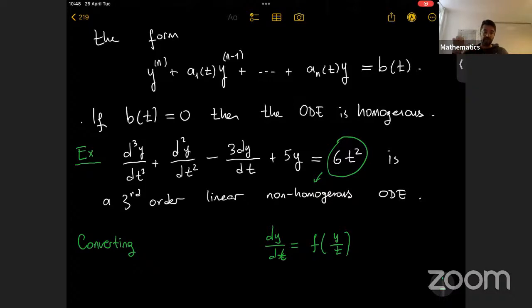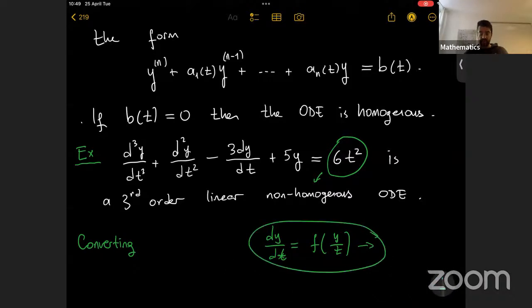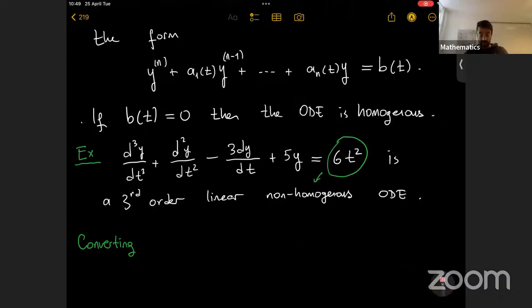Here, when we have a non-zero function on the right-hand side or non-zero function of t, then you say it's a non-homogeneous system. This is also homogeneous, but this is something else. Any other question?